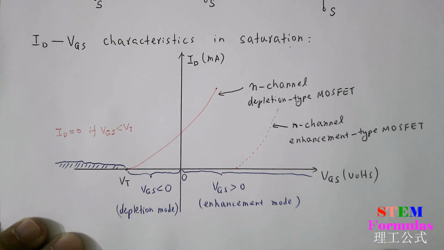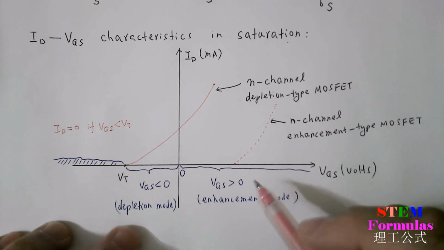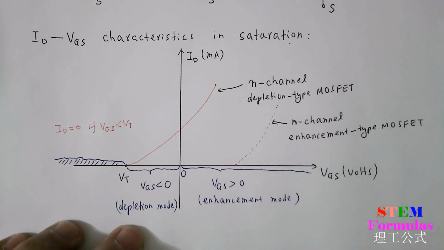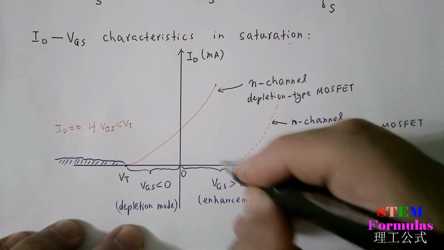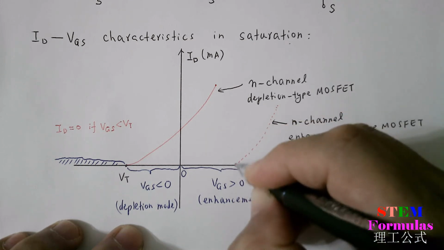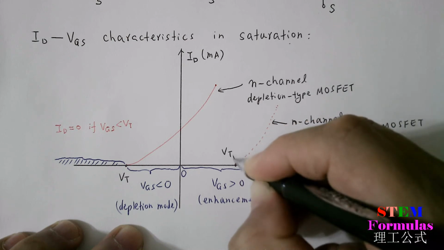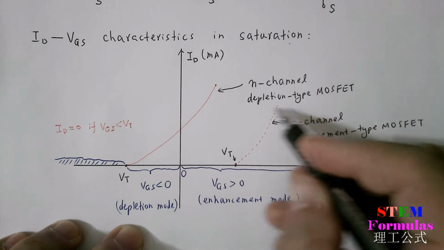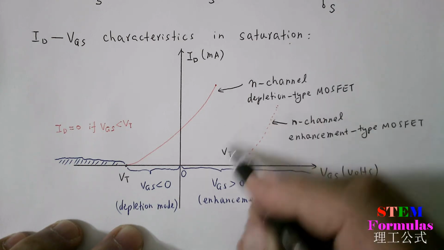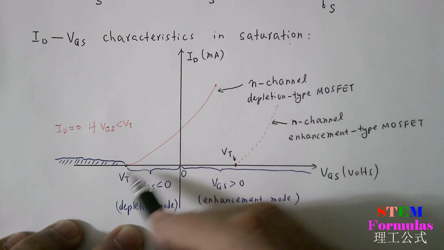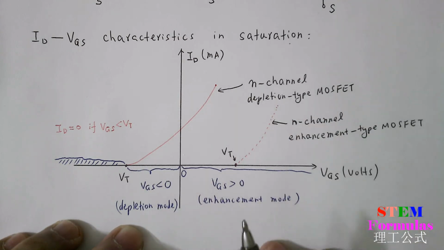And for enhancement type MOSFET, VT is here. So this is N-channel enhancement type MOSFET, and this curve is N-channel depletion type MOSFET.